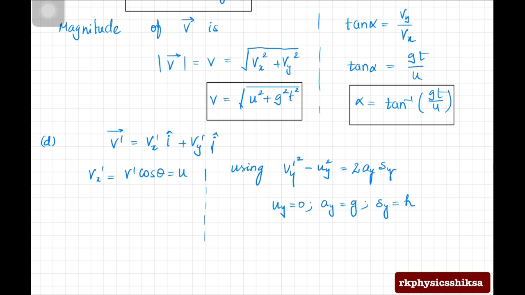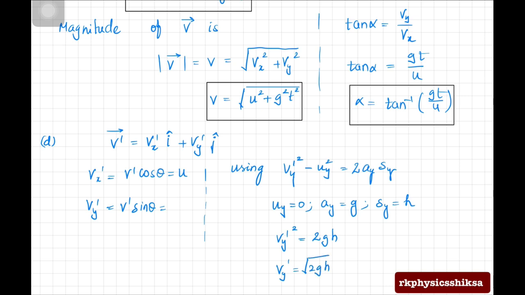So the y component, Vy dash, is equal to V dash sin theta. Using this equation, Vy dash square is equal to, Uy is 0, so it will become 2gh, or Vy dash is equal to root of 2gh.